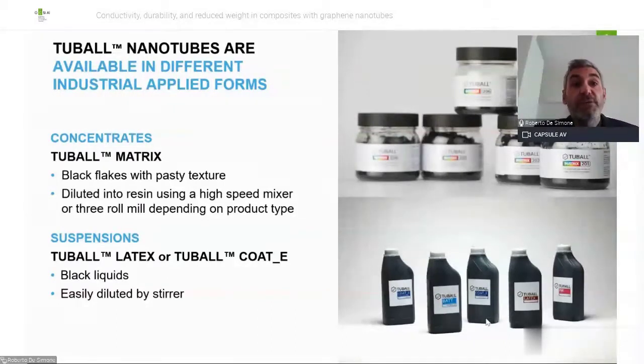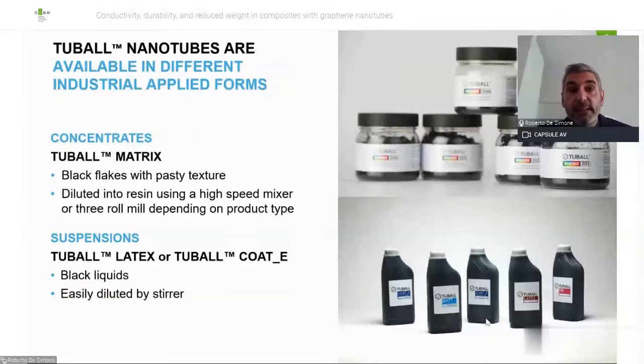We developed this tubal matrix series, 200 and 300, which we will discuss more later in the presentation, where the appearance is more or less like black flakes or paste, and the tubal is predispersed in this kind of concentrate. The content is either 5% or 10%.